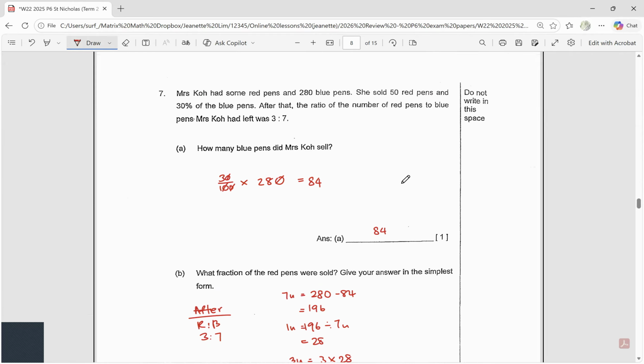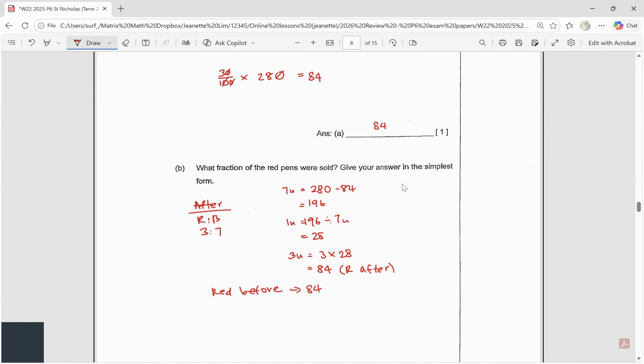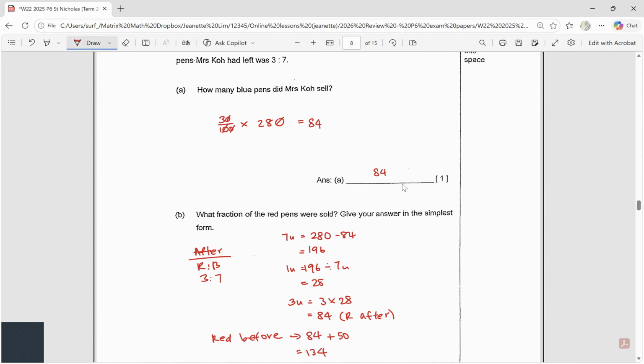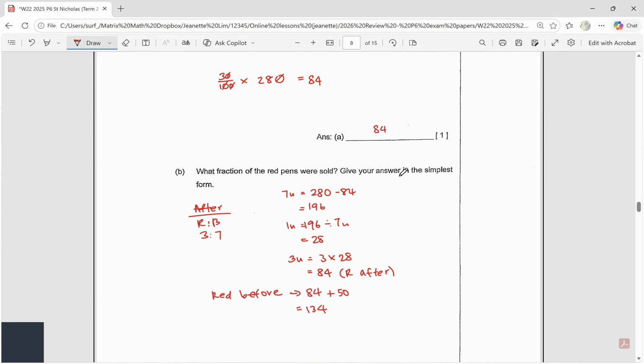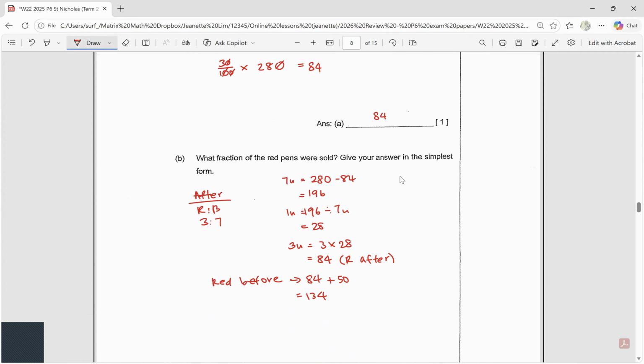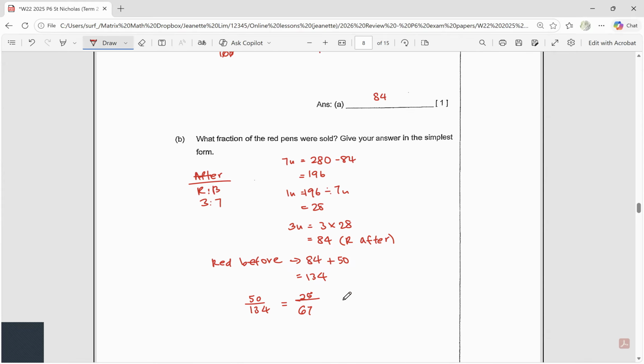She sold 50, so when we work backwards, you need to add back the 50. Then what fraction of the red pens was sold? Sold is 50, at first is 134. So 50 over 134. Simplify by dividing by 2, so 25 over 67.